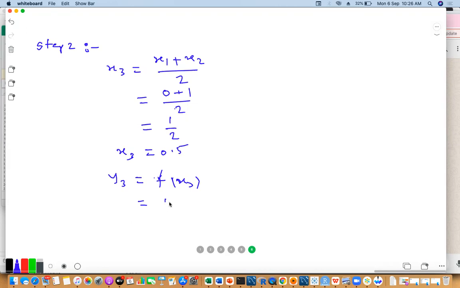So what is cos x3 minus 1.3 into x3 is equal to, put the value of x3 as 0.5, cos 0.5 minus 1.3 into 0.5.